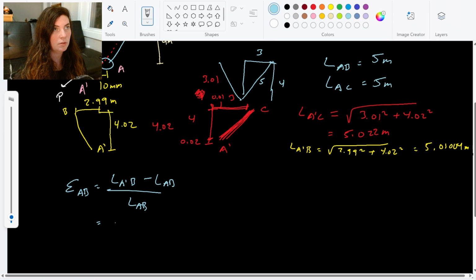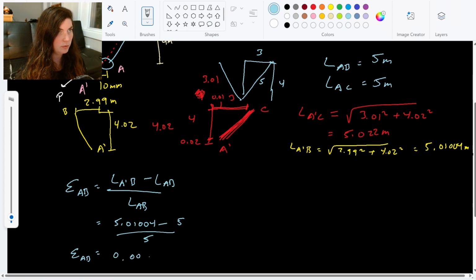And that equals, what was our length? It was 5.01004 minus 5 over 5. And all of those units were in meters. So the strain AB is undergoing is 0.002 meters per meter.